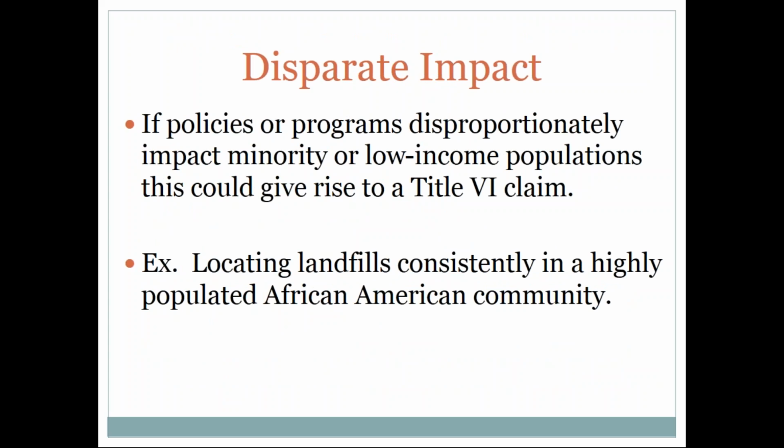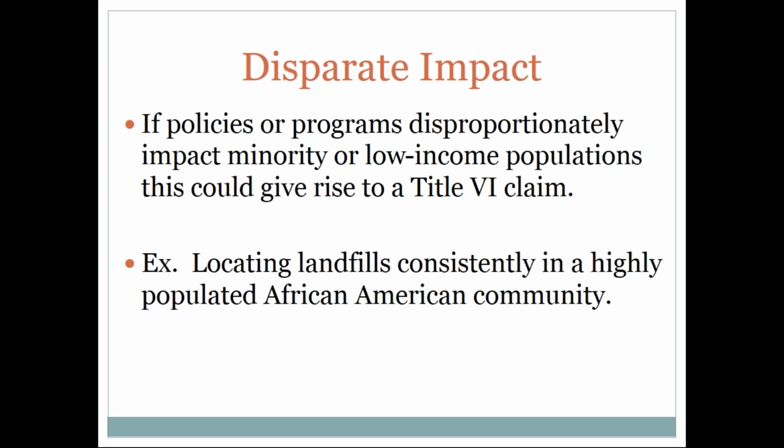And so when we're talking about disparate impact, we are also wanting to make sure that programs that disproportionately impact minority or low-income populations in negative ways are not happening, because that's another Title VI violation.